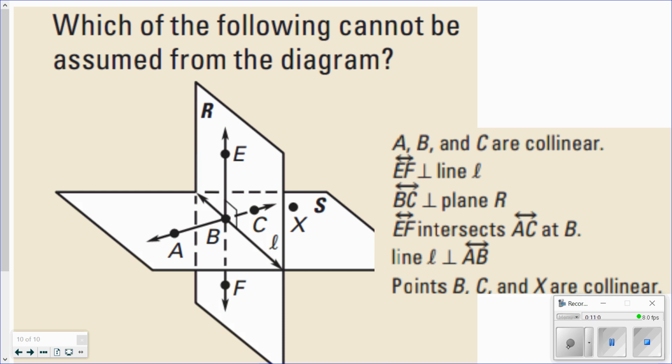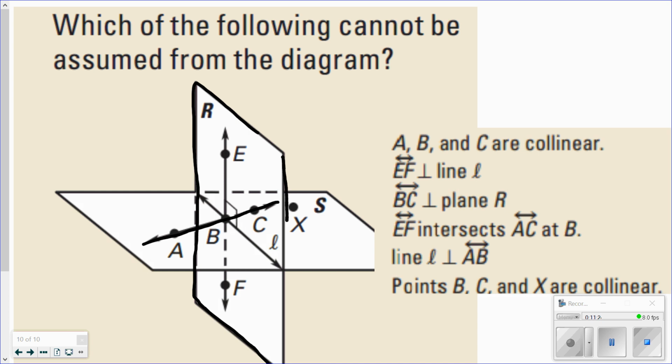Next is line BC perpendicular to plane R. So line BC is this guy here. Plane R is, I'll try to highlight it, this plane here.